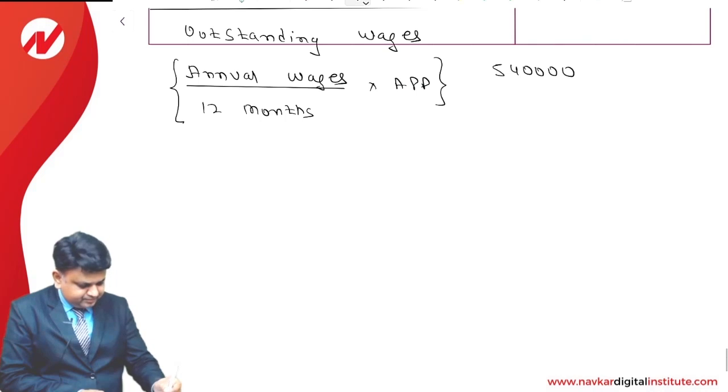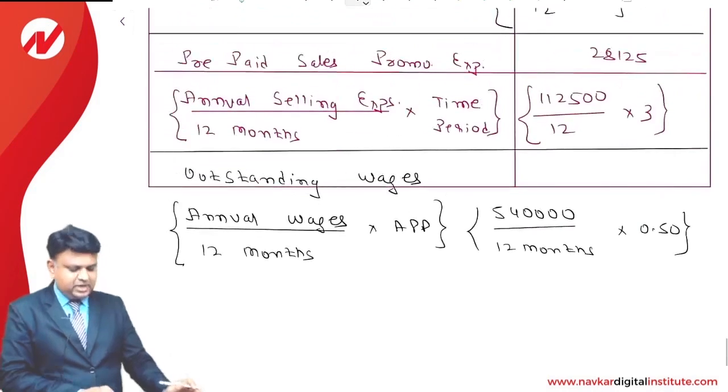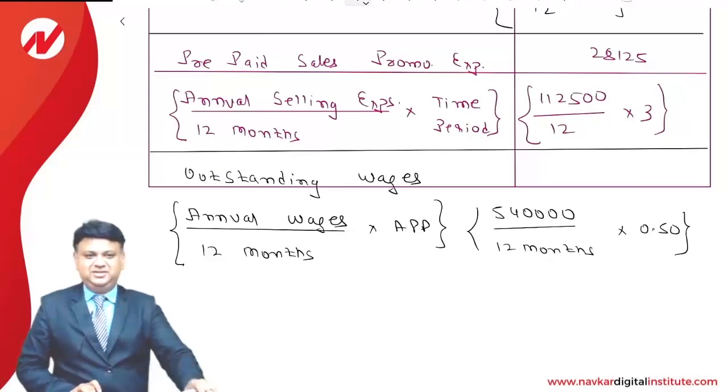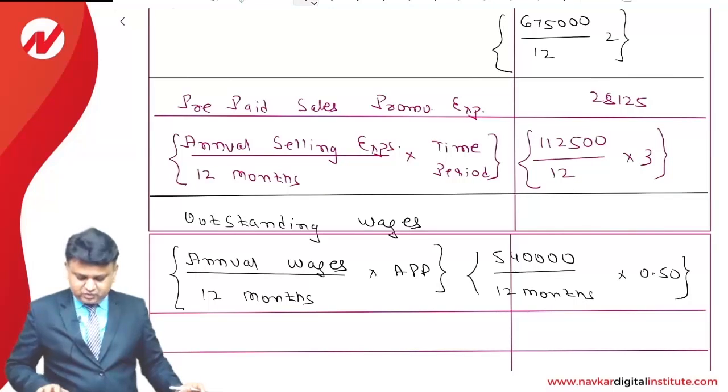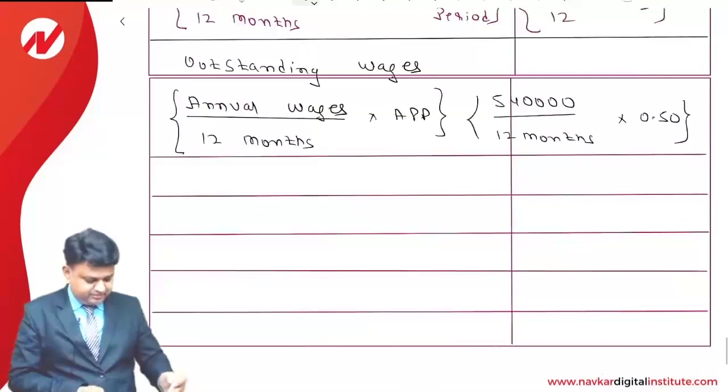Outstanding wages can be found. So 540 divided by 12, that is 45,000 into 0.5, 22,500.